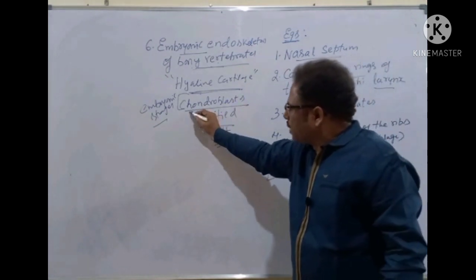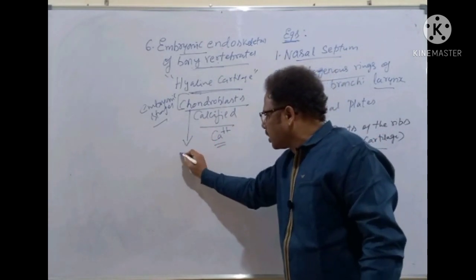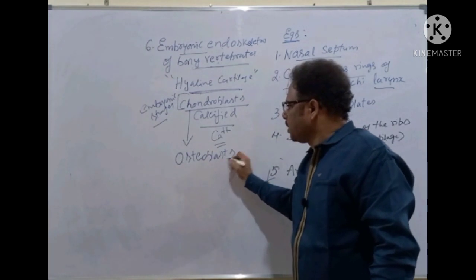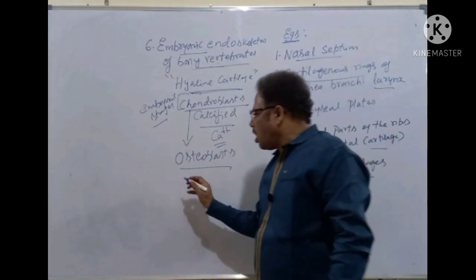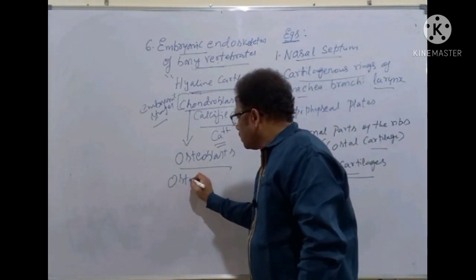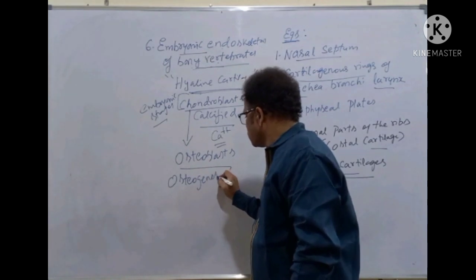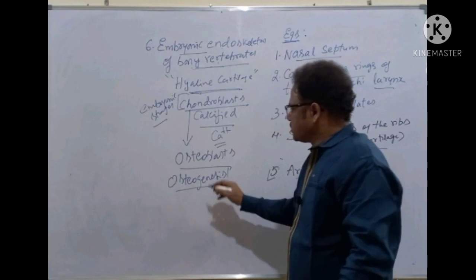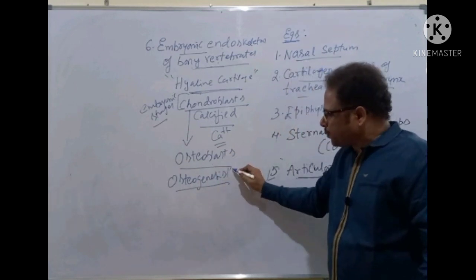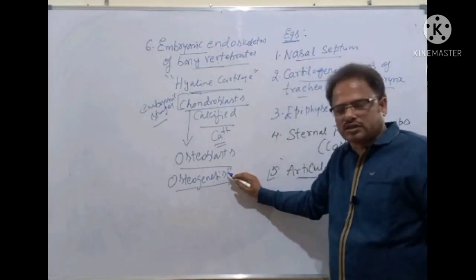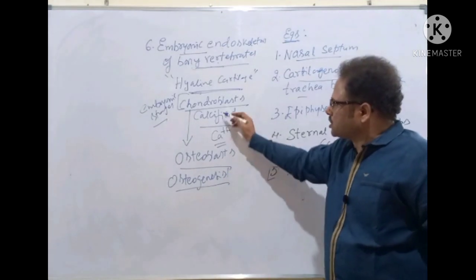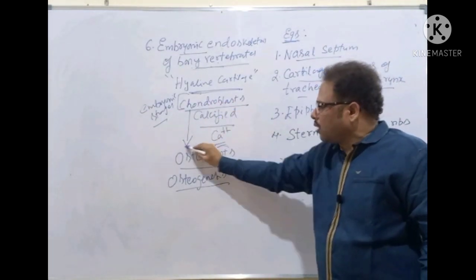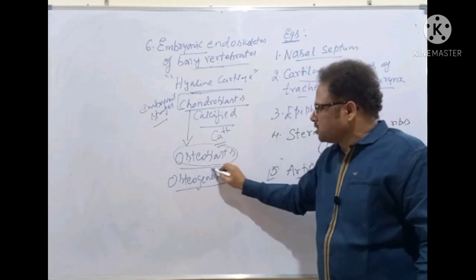And later on, the chondroblasts are converted into the osteoblasts. This is called osteogenesis. What is osteogenesis? The process of formation of bone is called osteogenesis. It is possible because the chondroblasts are calcified and later on they are formed into the osteoblasts.